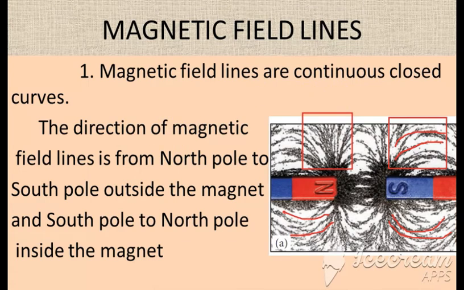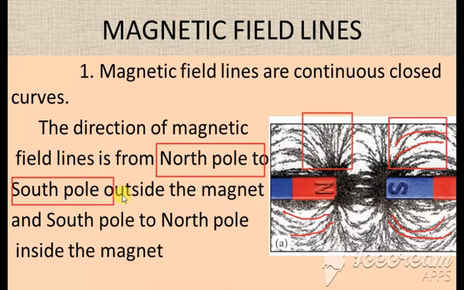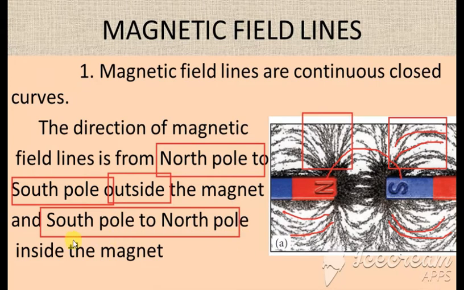And how is the direction? The direction of the magnetic field is from north pole to south pole. Okay, this is outside the magnet. Outside the magnet, it always moves from north pole to south pole. But inside the magnet, it moves from south pole to north pole.